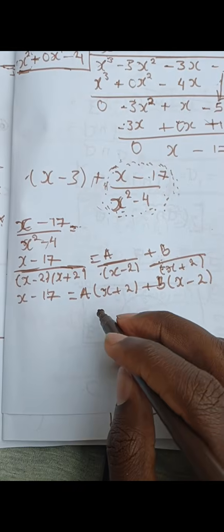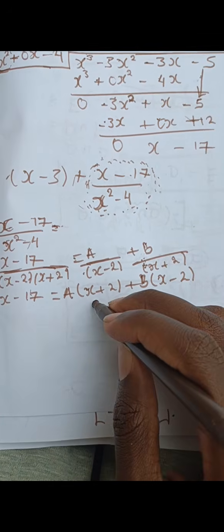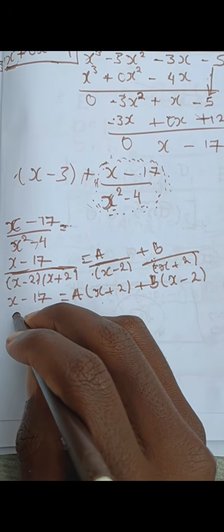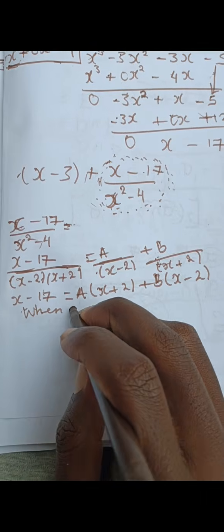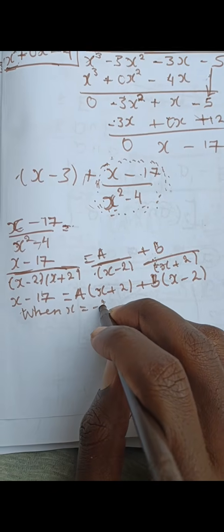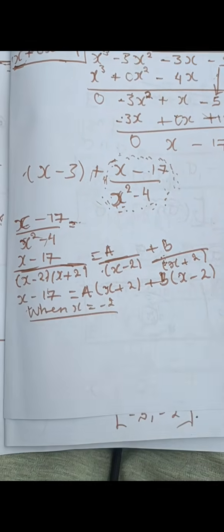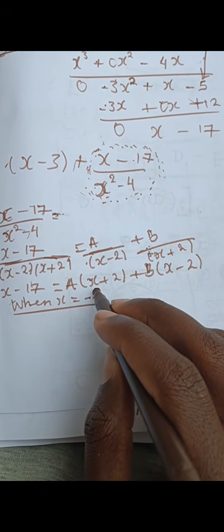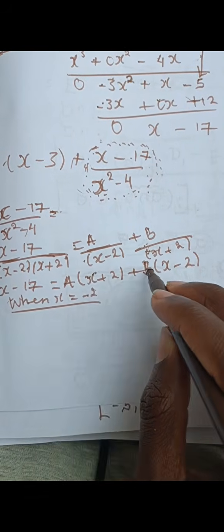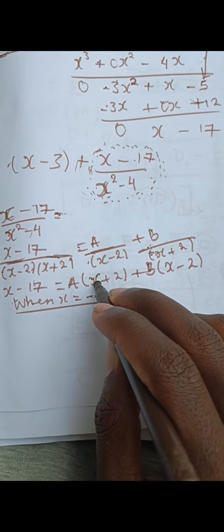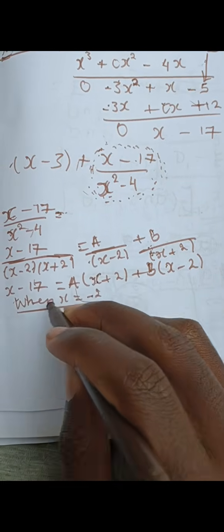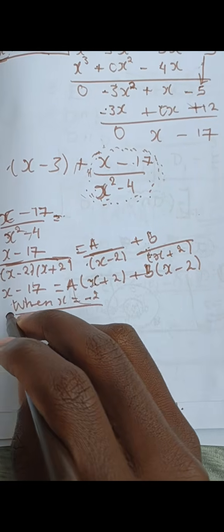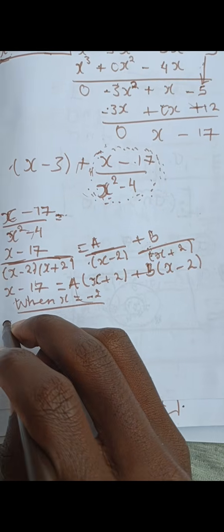Okay, so here we are going to say that when x is equal to negative 2, I'll use this method because it's very simple for this situation where you have these kind of factors. So I'll put where there's x negative 2. So this is going to disappear because if I put negative 2 here, I'll get a 0, which will affect the whole thing. So eventually this will be out of sight only when x is equal to negative 2.